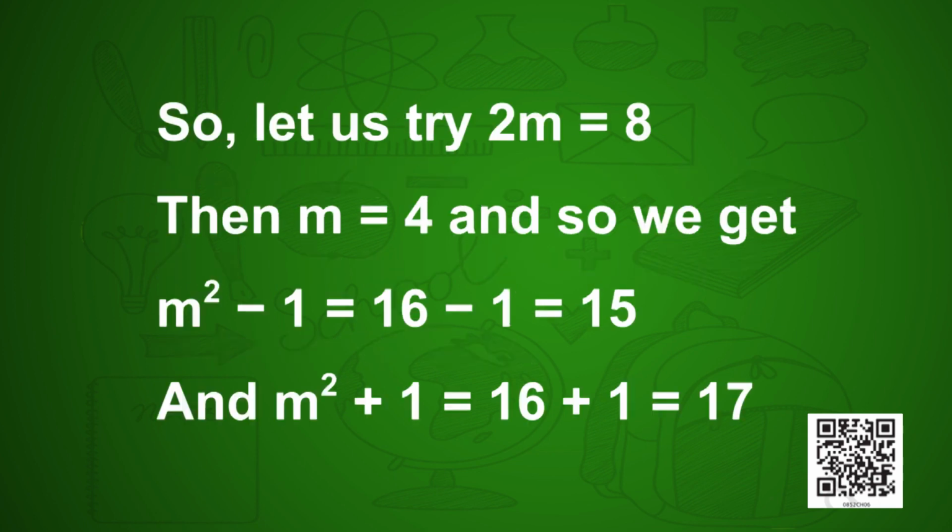So let us try 2m is equal to 8, then m is equal to 4, and so we get m square minus 1, that is 16 minus 1, that is 15, and m square plus 1 is equal to 16 plus 1, that is 17.